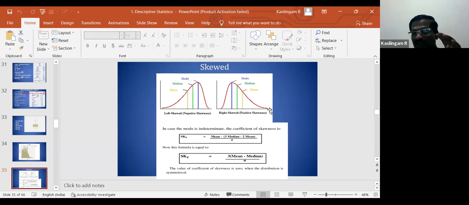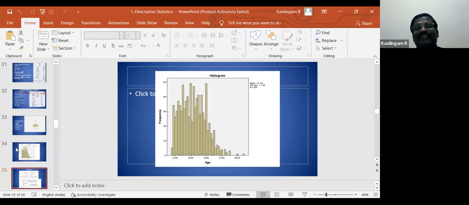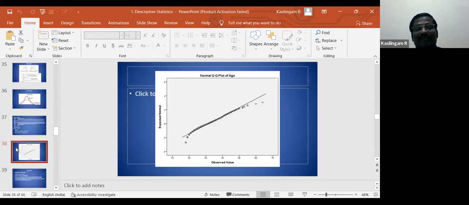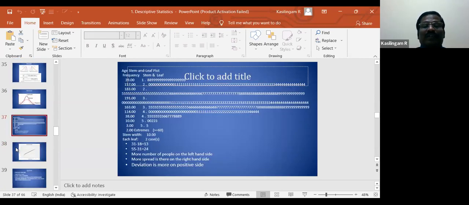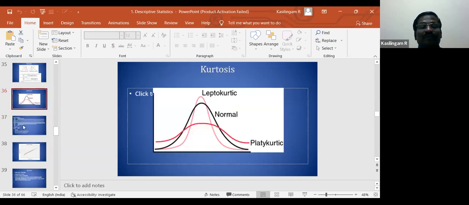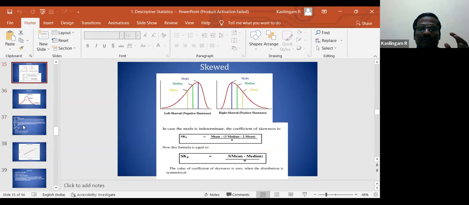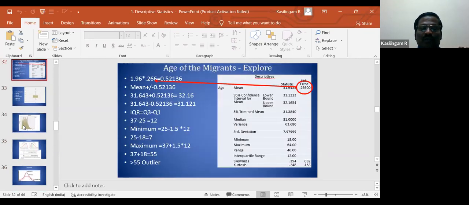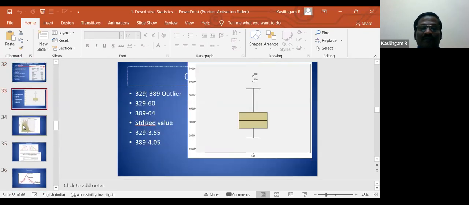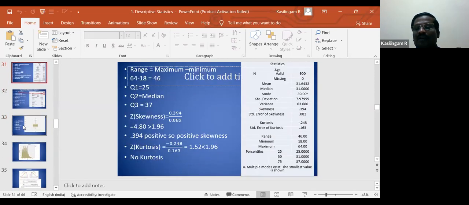Now you have to take an example, madam, then we will understand. Let us take this example. What is the mean age that we will write down?